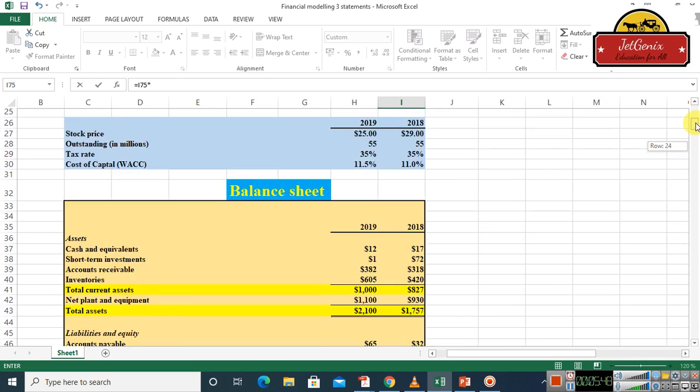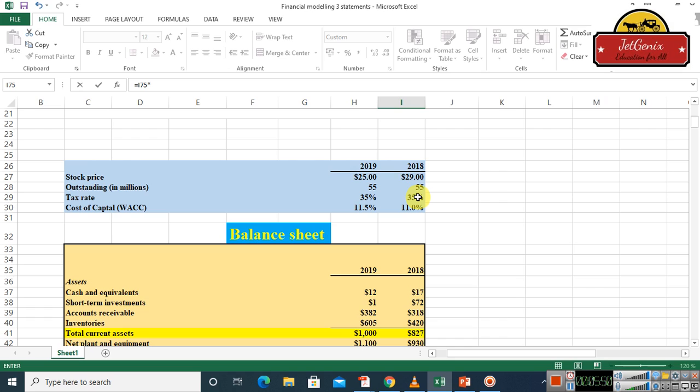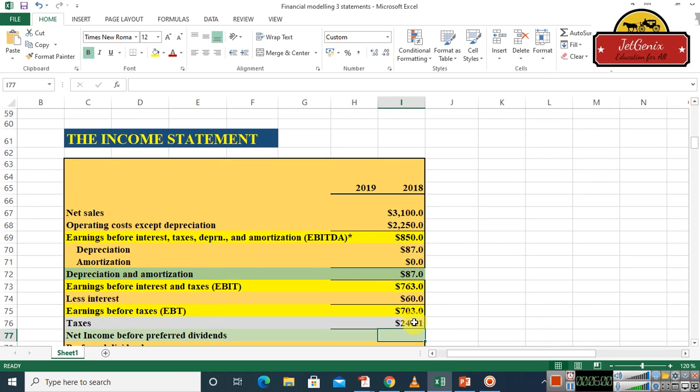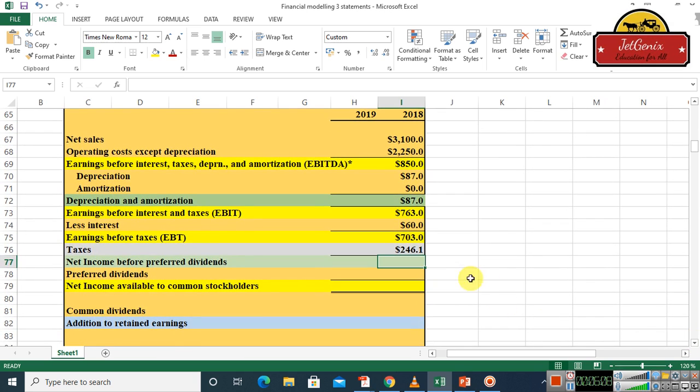So yes, it's here, this is the tax rate. So I will select this one and press enter. So now I have the tax expense of $246. This is the 35% of $703.